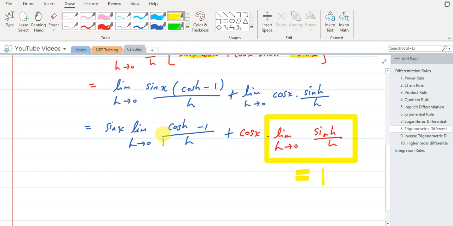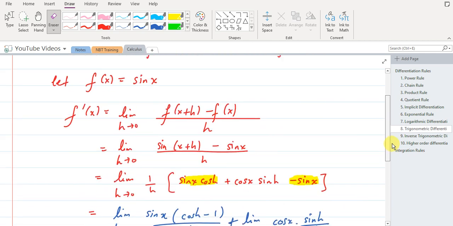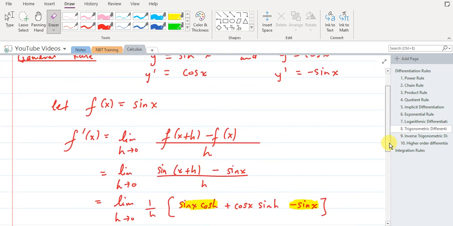Same story here. If I substitute 0, you're getting 1 minus 1 over 0, so 0 over 0, an indeterminate form of L'Hopital's rule. Differentiate the top. Well, we don't know what the derivative of this is, we're finding it, so let's see. You can't actually use L'Hopital's rule here because we are investigating that the derivative of sine x is cos x.